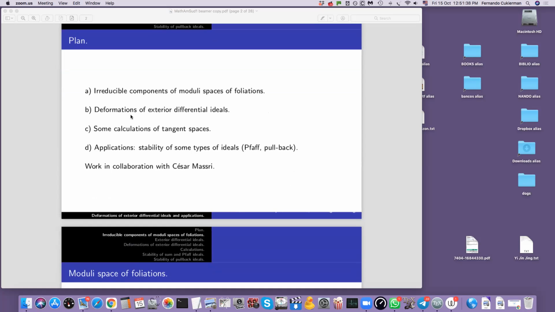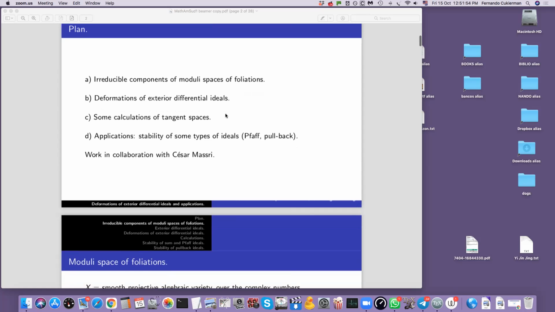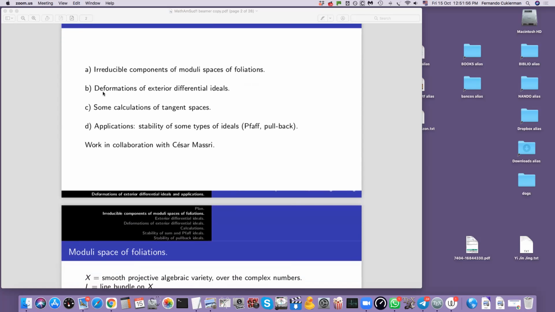Then we will consider deformations. Deformations of foliations have been considered before, and we will consider deformations of a more general object, which is an exterior differential ideal. I will speak about the basic material on this also.